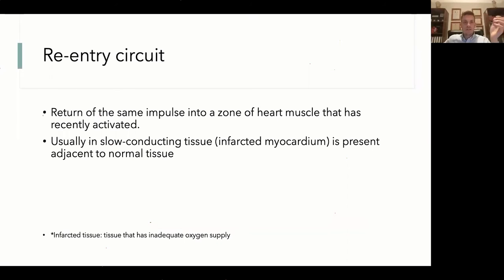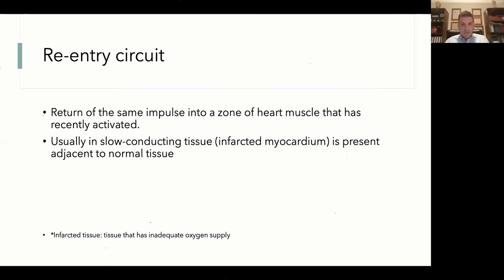Re-entry circuits. This is usually associated with some anatomical abnormalities, but it also occurs in infarcted myocardium, and I really hope this makes sense. Infarcted myocardium means that there is inadequate oxygen supply. Now, this tissue that is infarcted is usually slower conducting because the cells don't operate normally. They have lower oxygen, they work slowly.